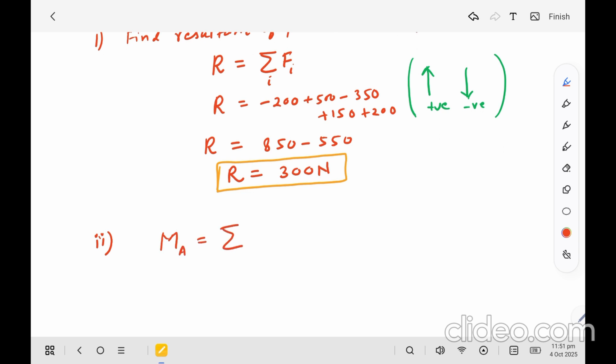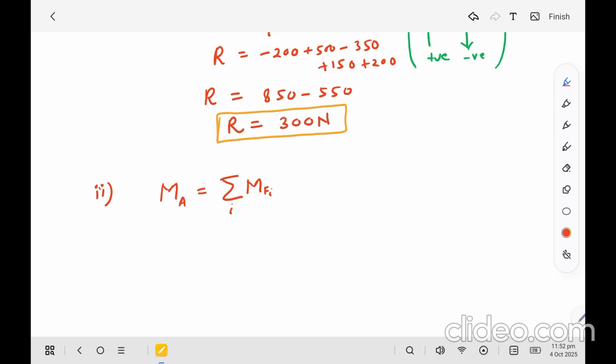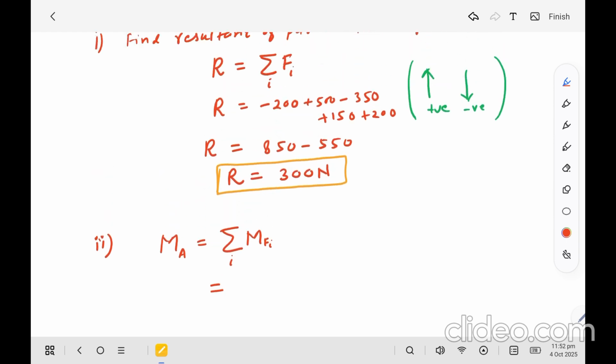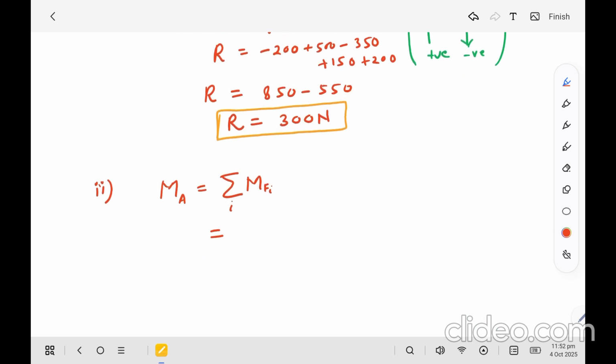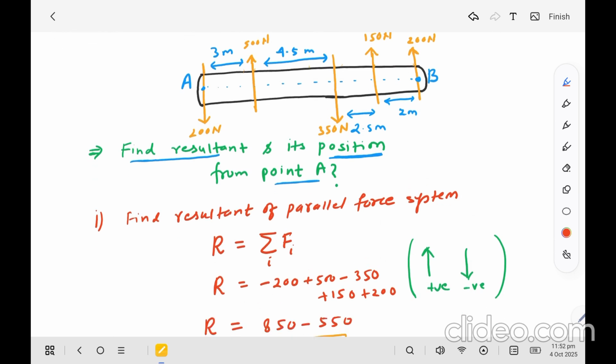The moment of force F1, that is 200 Newton, into 0, because the distance of this force from point A is 0.